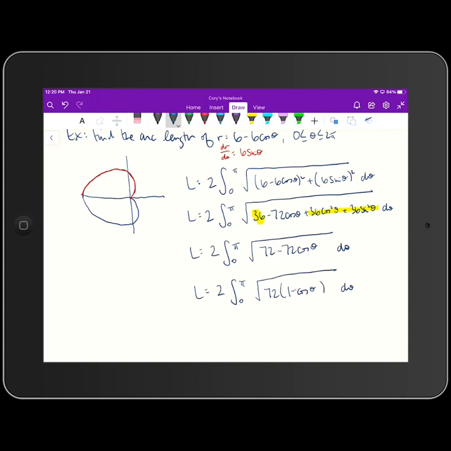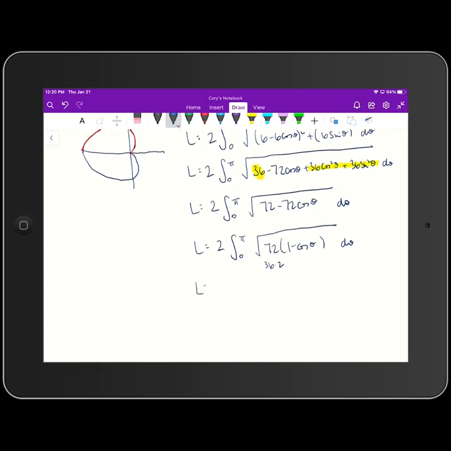So I can break 72 up into 36 times 2. And the square root of 36 is 6. So I'm going to pull 6 out from that radical and pull it out in front of my integral. So that gives me 2 times 6, which is 12, times the integral from 0 to pi. And then we are left with 2 times 1 minus the cosine of theta, which we are taking the square root of, with respect to theta.